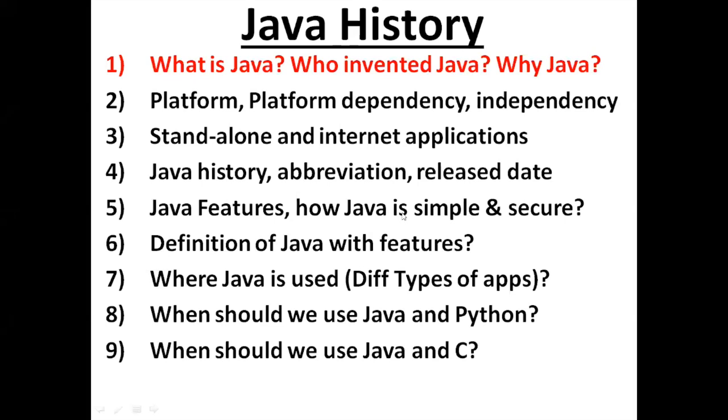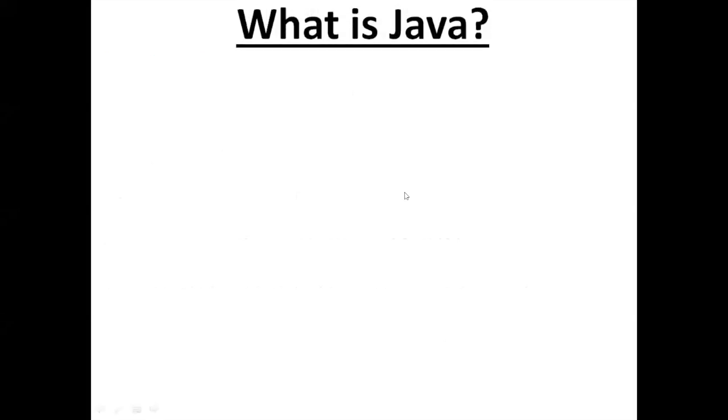Let's start the first point. What is Java? Who invented Java and why was Java invented? Tell me, what is Java? Java is a programming language. In every batch, everybody gives the same answer. Very good. Then what is C?